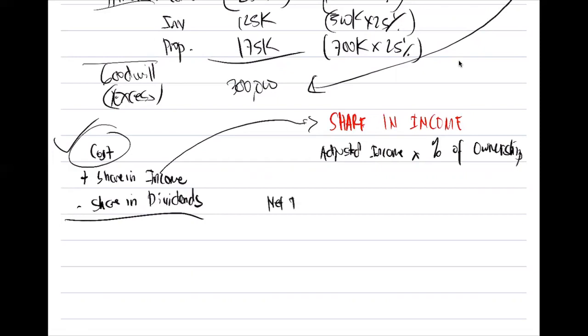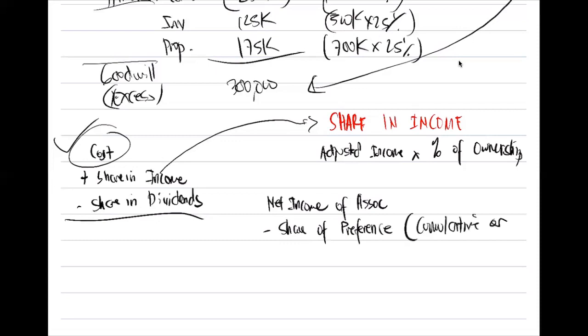So net income of the associate. You deduct the share of preference. Normally, you deduct this one if it's cumulative or there is a declaration. So two lang yan, pwedeng cumulative lang or may declaration.